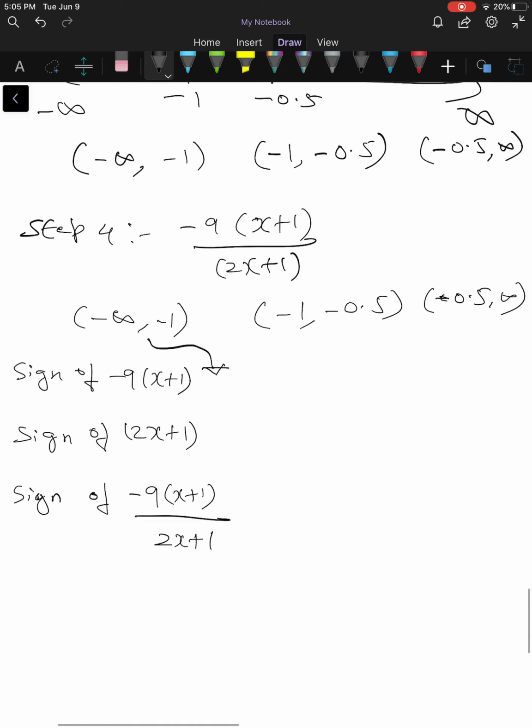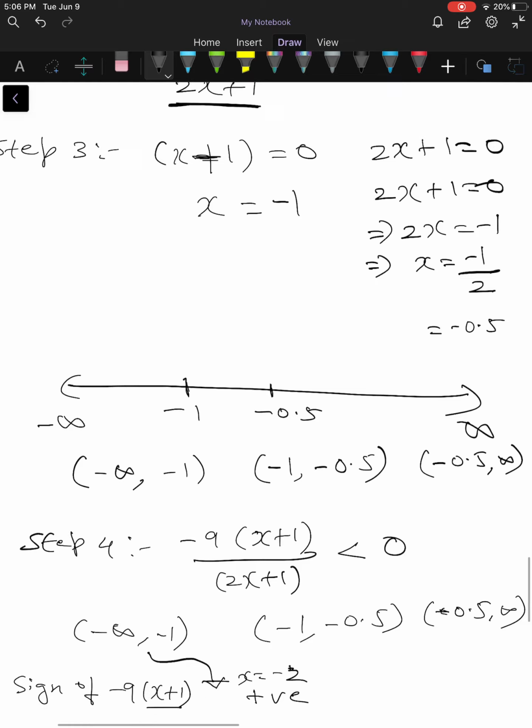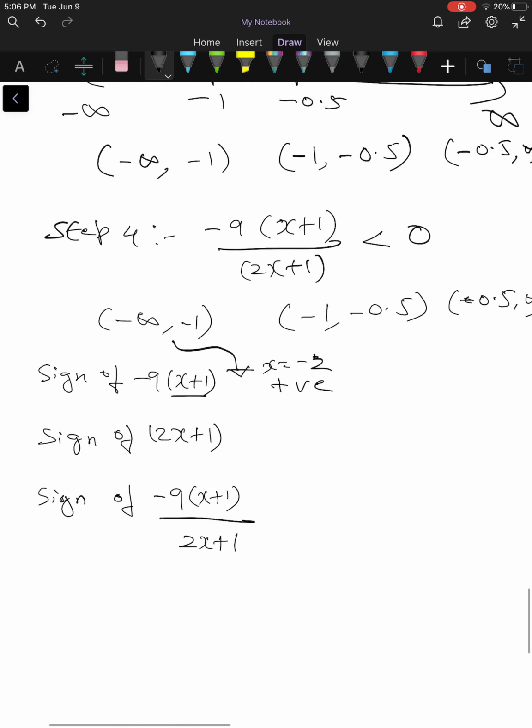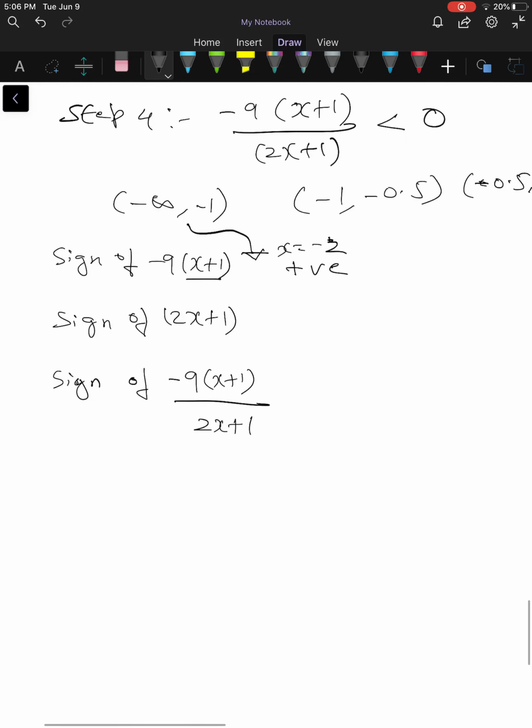So when I consider this interval, I would like to consider the trial value x equals negative 2. Negative 2 plus 1 would be negative 1. Negative 1 times negative 9 is positive. Negative 2 times 2 would be negative 4, plus 1 would be negative.